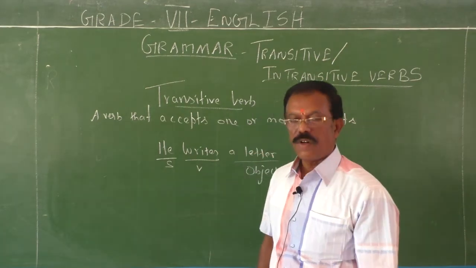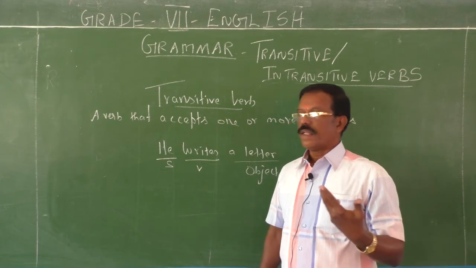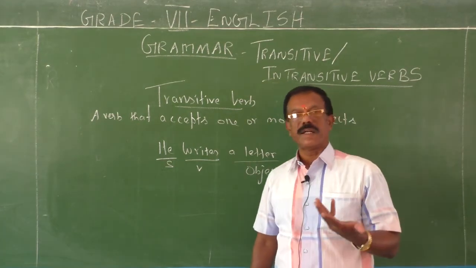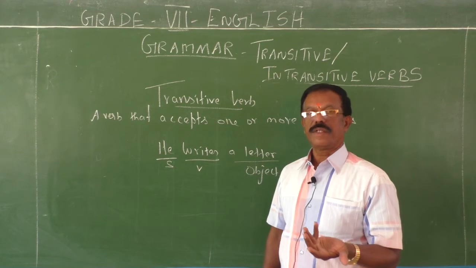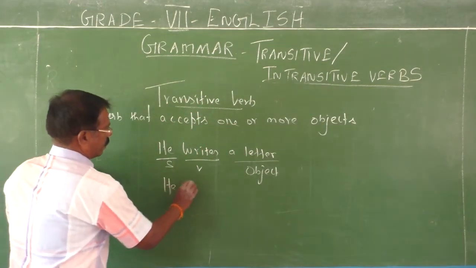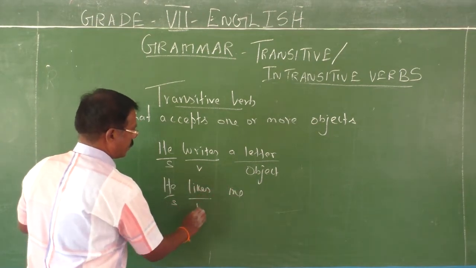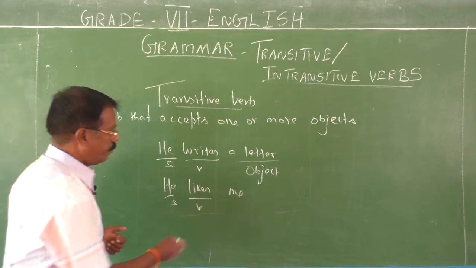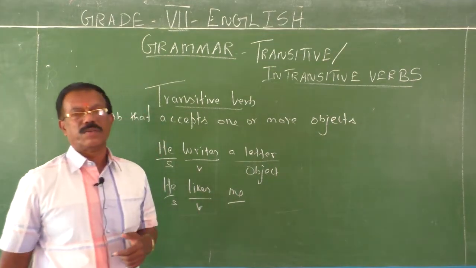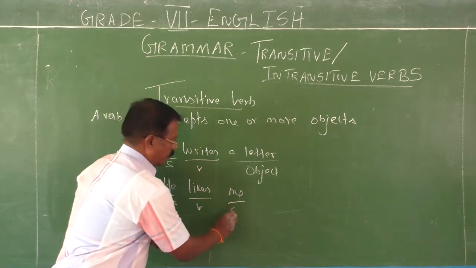A transitive verb may take sometimes a pronoun as an object, sometimes a noun as an object. See, he likes me. Here he is the subject, likes is the verb. He likes who? Me. It's a personal pronoun, the object form of the personal pronoun. So it's an object.